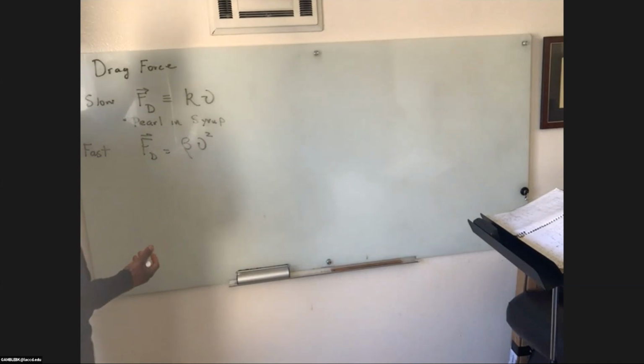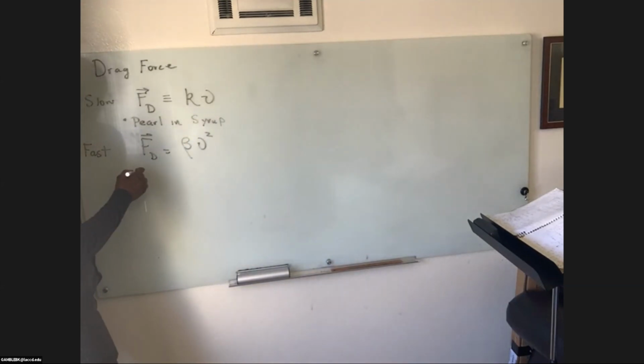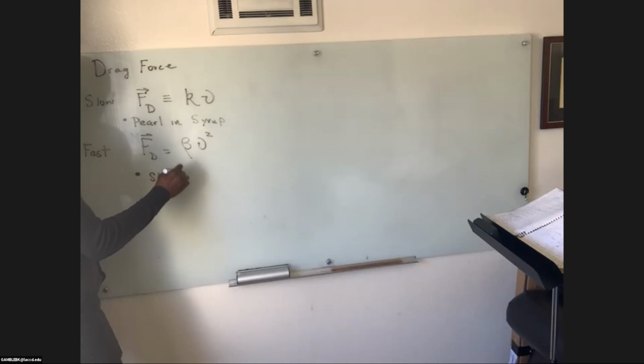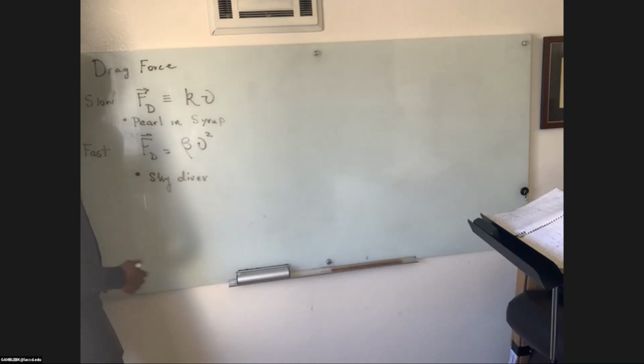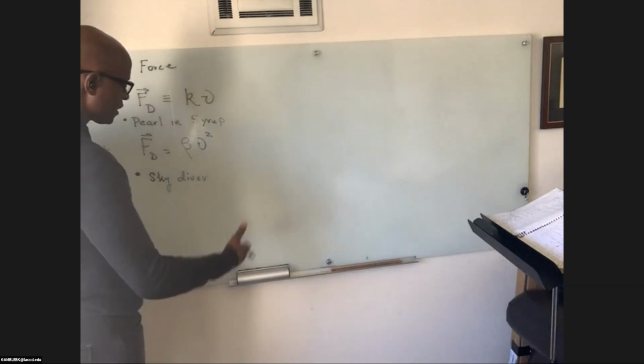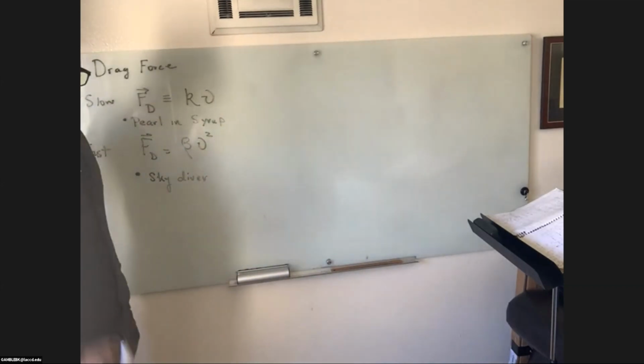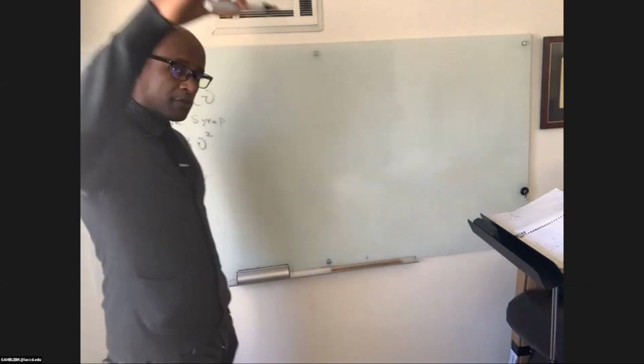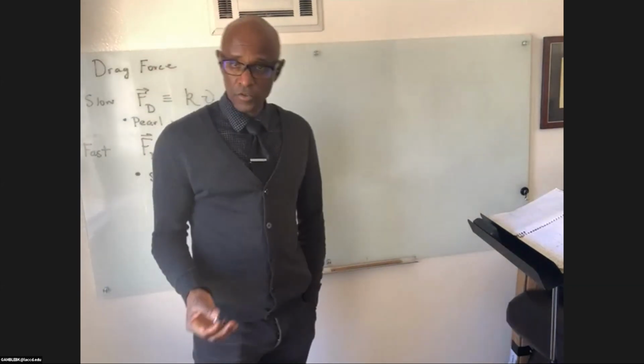And for fast, it might be like a skydiver, or an object free falling. In a vacuum there's no drag force, but falling in an atmosphere, like if I drop this object right now, technically it has a drag force on it.